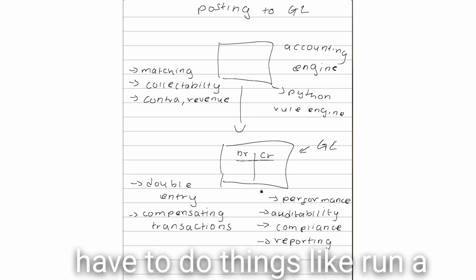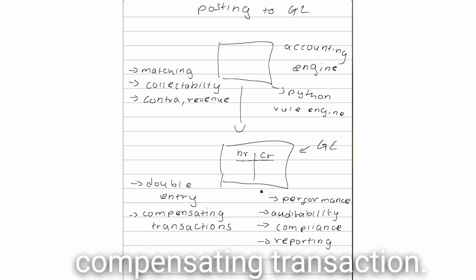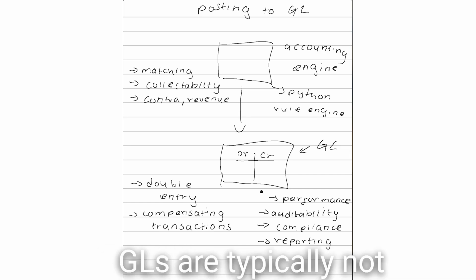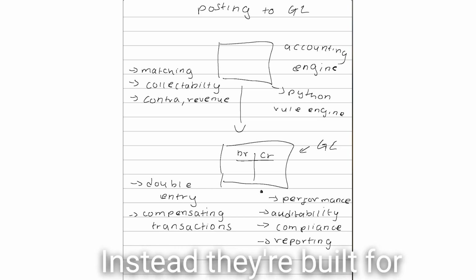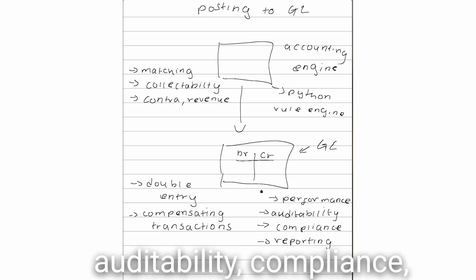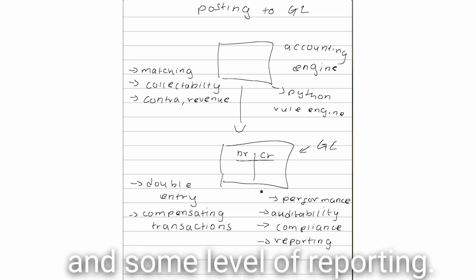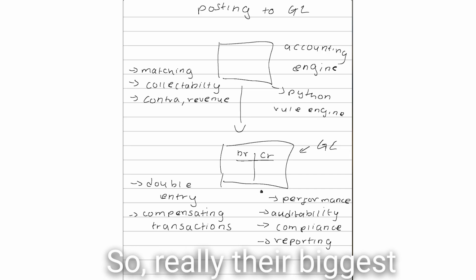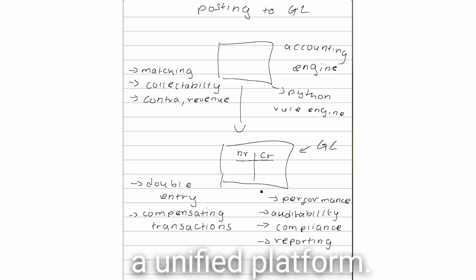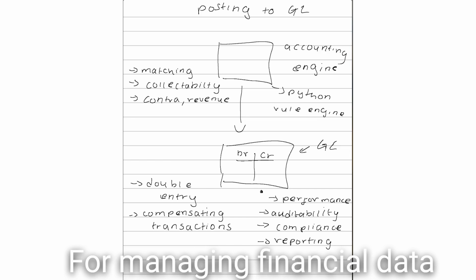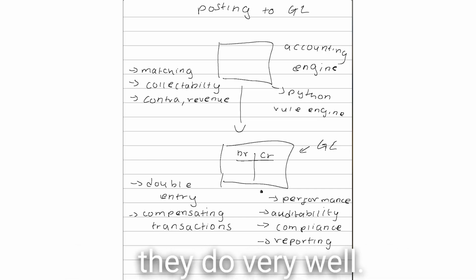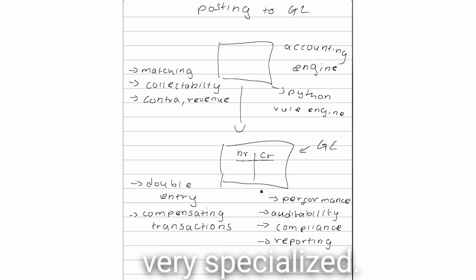Instead, you have to do things like run a compensating transaction. Performance is always a problem because the GLs are typically not built for performance. Instead, they are built for auditability, compliance, and some level of reporting, and even that wouldn't necessarily be a strong suit. So really their biggest work is to provide a unified platform for managing financial data across the organization. So that's what they do very well, and they're usually very specialized.